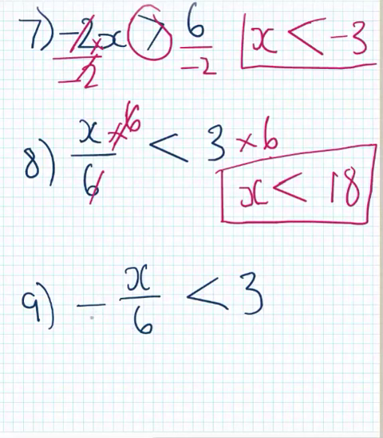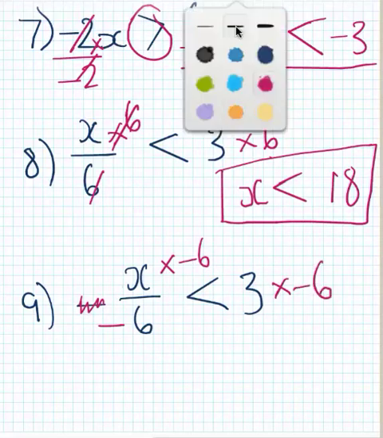So for this example, what I can do is I can write the negative next to the 6. Because we have one negative, the whole thing is still negative. And the reason why I've done that is, well, if we're dividing by a -6, the opposite is to multiply by a -6. And of course, we must do the same to this side. But because we multiplied by a negative value, what must happen?